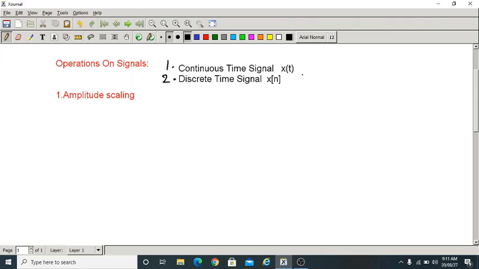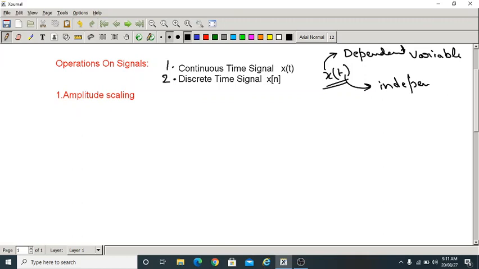Here we are considering a one-dimensional signal. That's why the signal looks like this, x of t, where x of t is our dependent variable, and t is your independent variable.